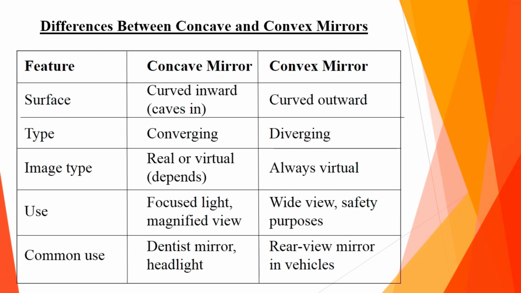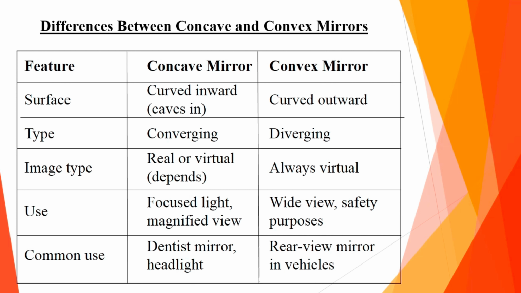So what are the uses? The focus light magnified view. And what about the convex mirror? Wide view safety purposes. So the common use is concave mirrors are used where magnified or focused images are needed. For example, shaving mirror to get a close-up image, headlights of the vehicle to focus light in a beam, telescope to gather and focus light.